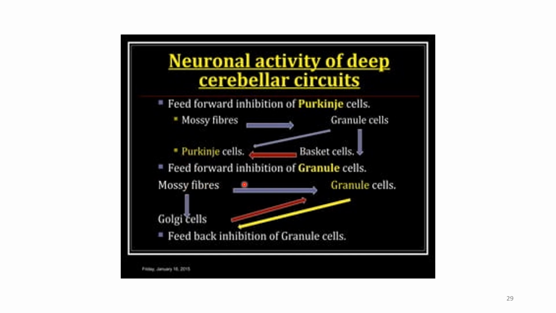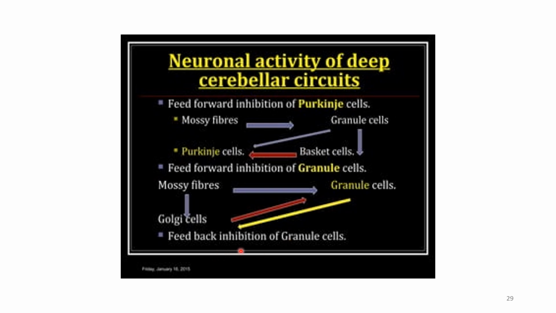Then coming to feed forward inhibition of the granule cell, what is there in it? The mossy fibers will excite the granule cell, and these mossy fibers will also excite the Golgi cell. This Golgi cell will inhibit the granule cell. This is the feed forward inhibition of the granule cell.